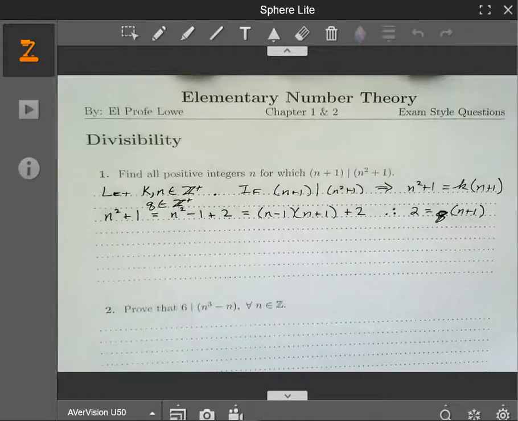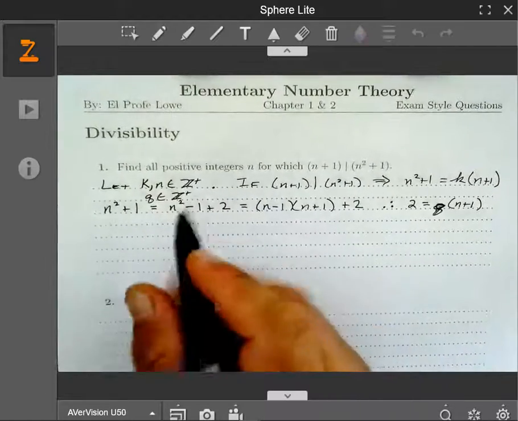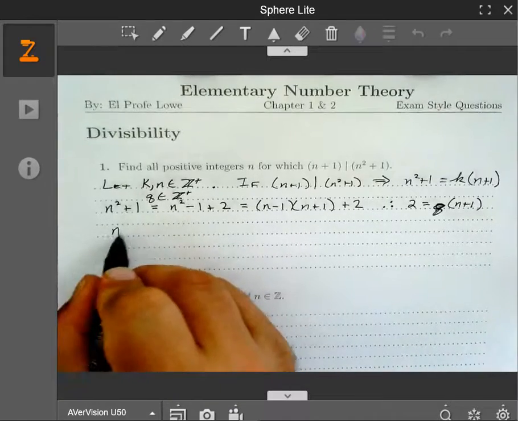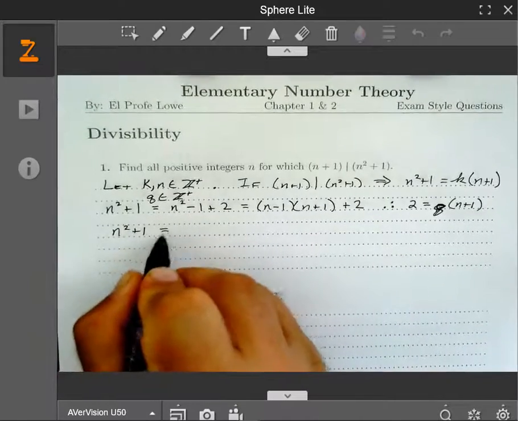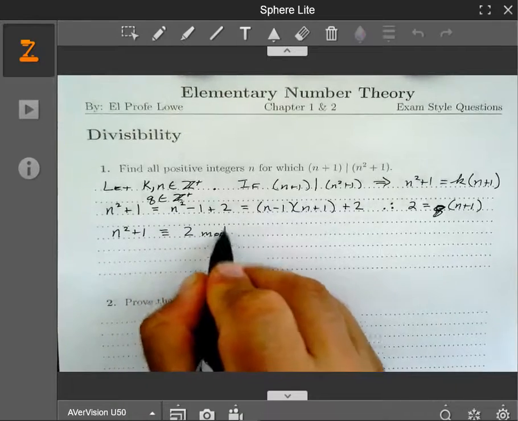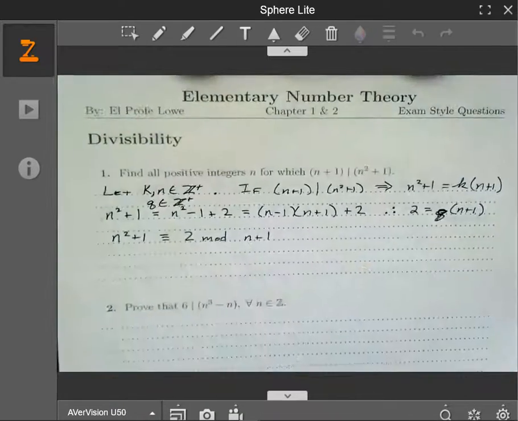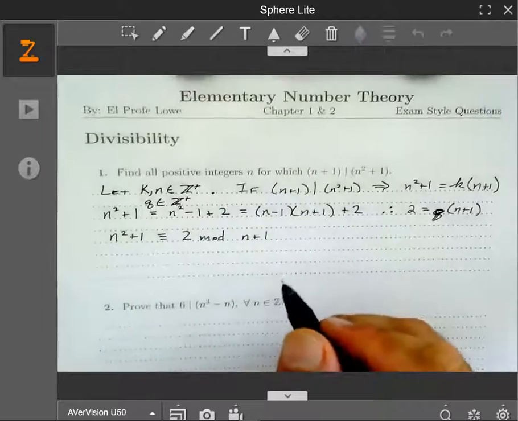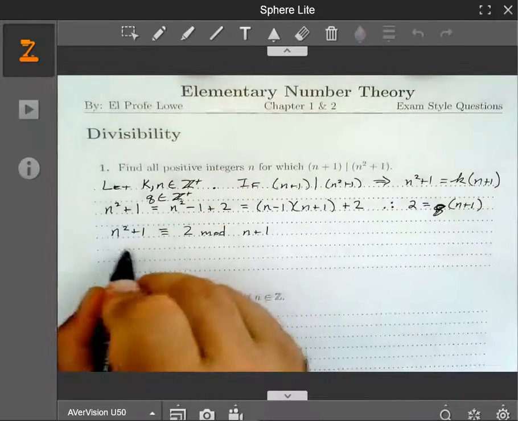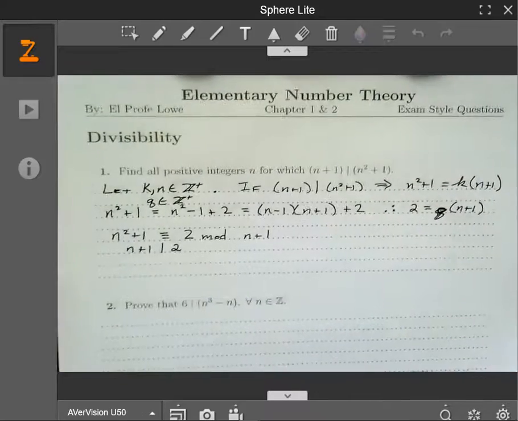So what do we have then? What we have is the following. n squared plus 1 must be equivalent to 2 mod n plus 1, and we know that n plus 1 must divide 2.